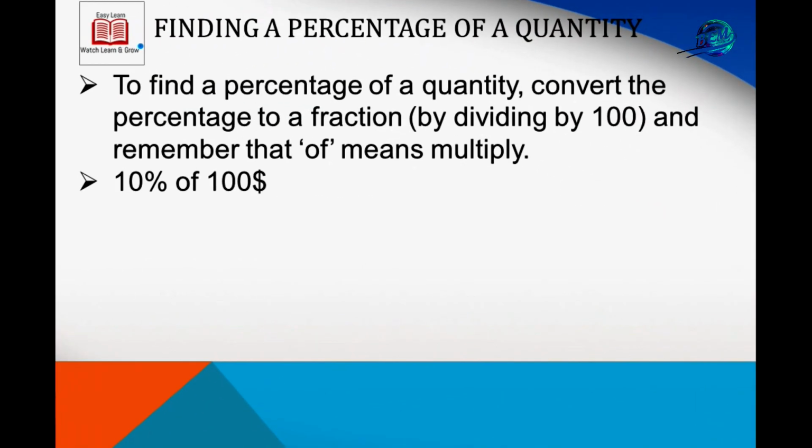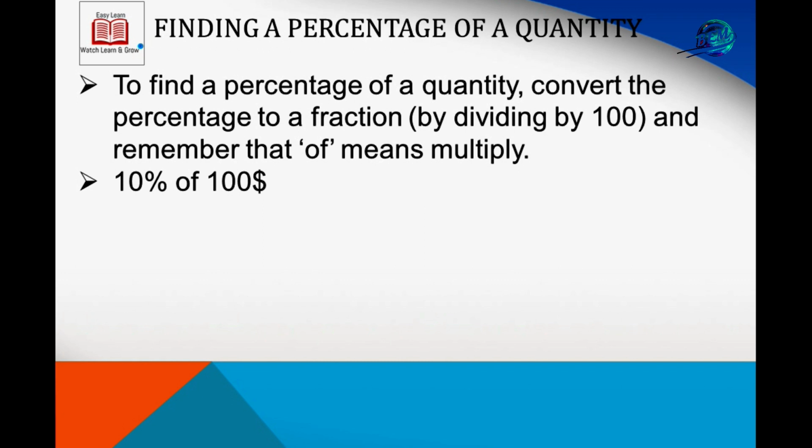First of all, finding a percentage of a quantity. This is a very important topic regarding daily life. For example, 10% of $100, 20% of $100, 50% of $100. This means that I am calculating the percentage of some quantity, some number or anything.